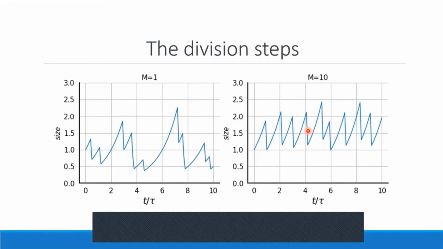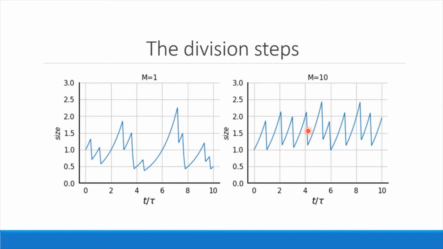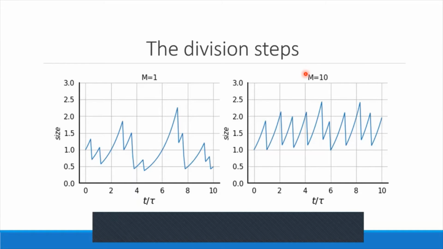The division steps here is one of the parameters that you need when you declare the simulator. The higher the division steps, in this case, for instance, 10, the more deterministic is your division. The minimum number of division steps is 1.